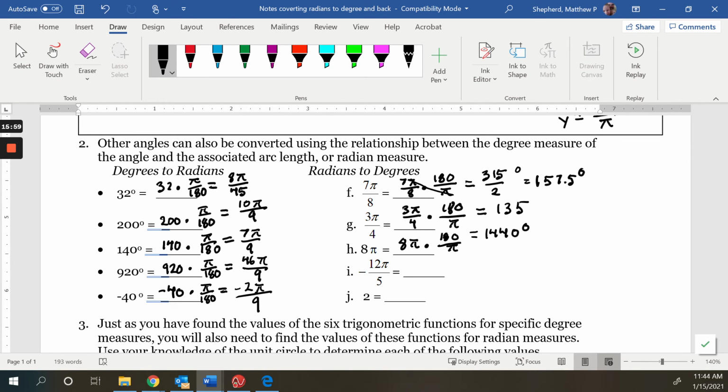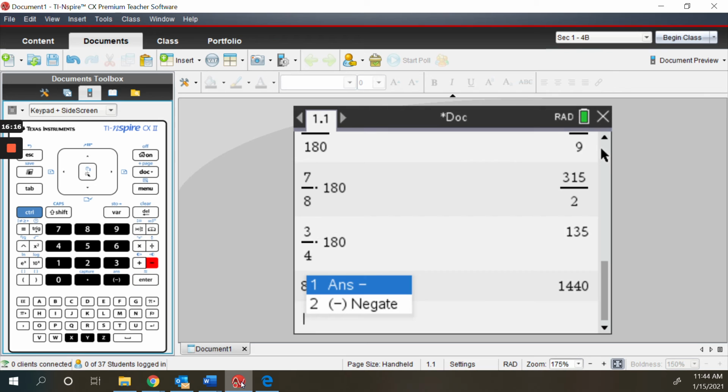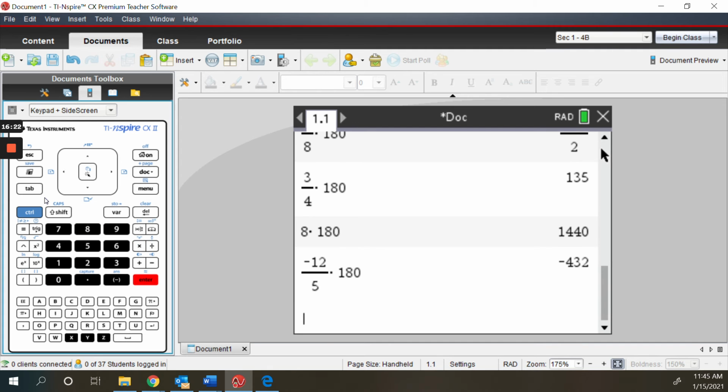Okay. Next one, and it just always repeats. Nothing's really going to change here. So negative 12 fifths times 180.